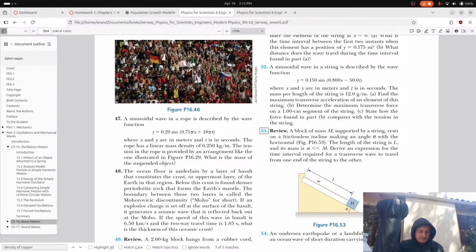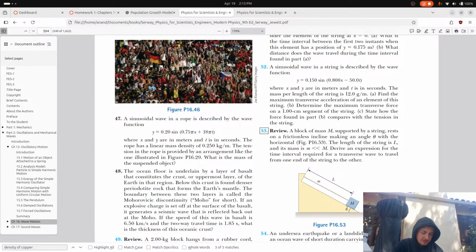So, the tension vector is going to be mg sine theta in x and mg cos theta in y. The only way that I know how to remember this is, let's say that theta was 0. Which direction would the force point?